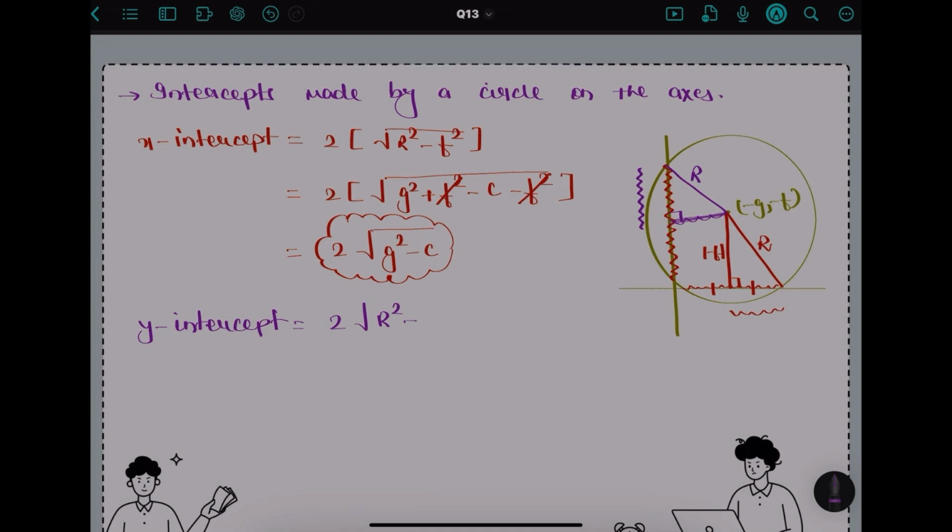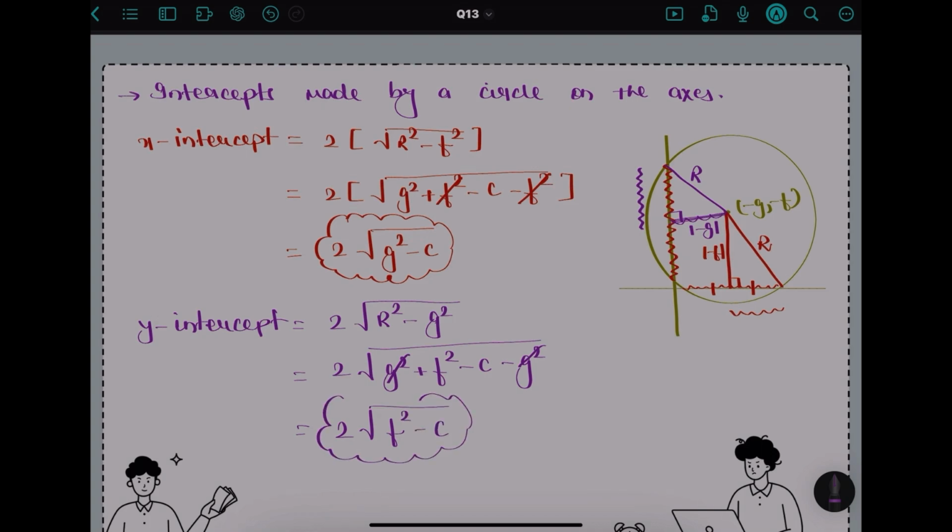What is this perpendicular? Can I say it is mod of minus g? So it is g square. You know what radius square is, so it is g square plus f square minus c, minus g square. So g square is gone, and it is 2 times root over f square minus c.